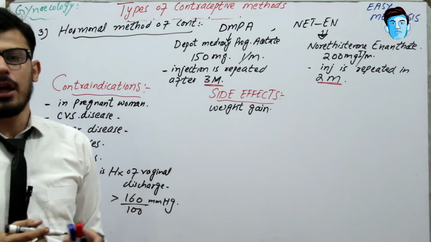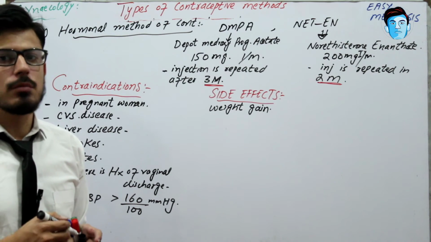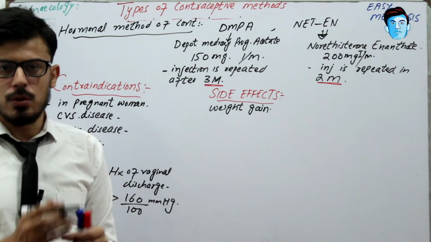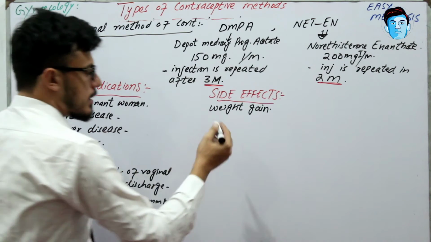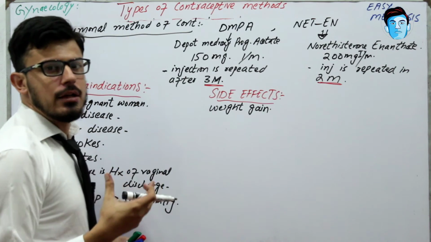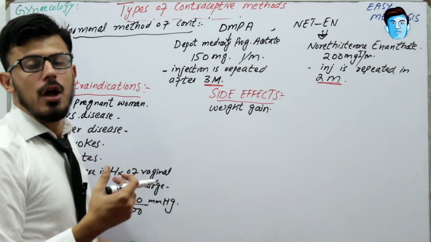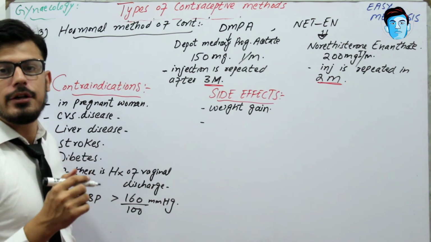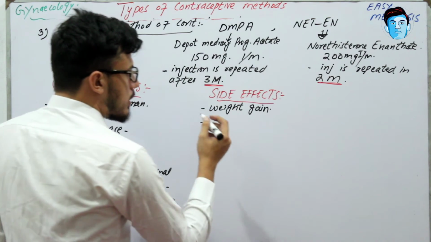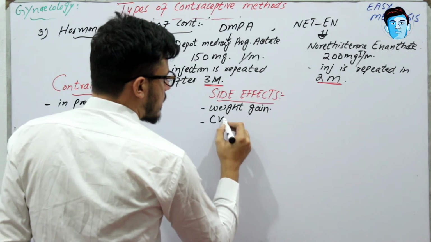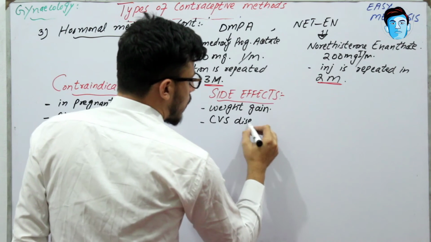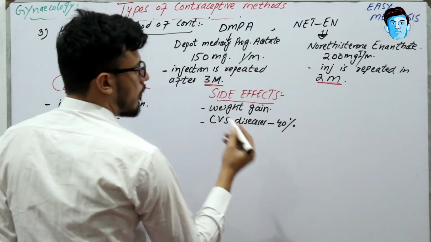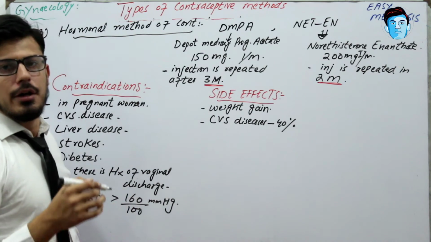If there is increased bulkiness, you can think of a bit of cardiovascular pathology, because weight gain is associated with other diseases as well. It is documented that in 40% of cases, the side effects reported are cardiovascular diseases.